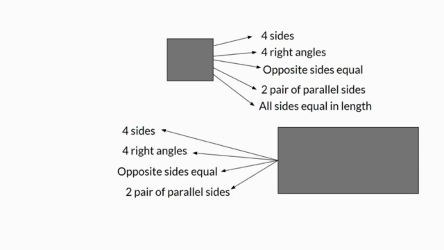The rectangle has 4 sides, 4 right angles, opposite sides are equal, and 2 pair of parallel sides. The thing that is different here is that the rule that all sides are equal in length only applies to the square. The square and the rectangle are in a family.